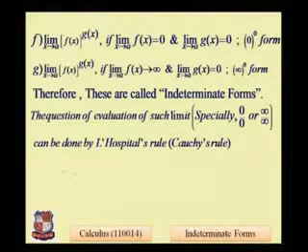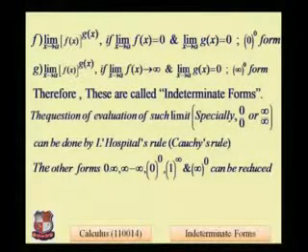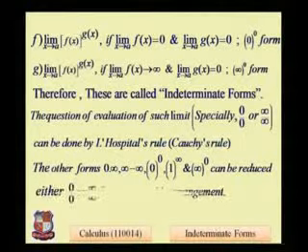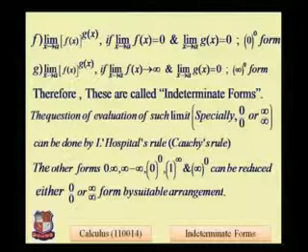The rest of the forms except 0 by 0 and infinity by infinity can be reduced into 0 by 0 or infinity by infinity form by using some suitable arrangement, or we can say algebraic operations. So these are the types of indeterminate form that we have to cover in this chapter. Let us begin with the first type, that is the L'Hospital rule of 0 by 0 form.